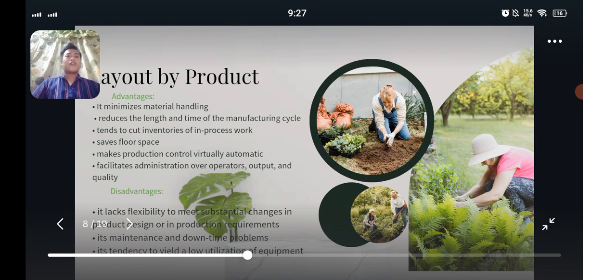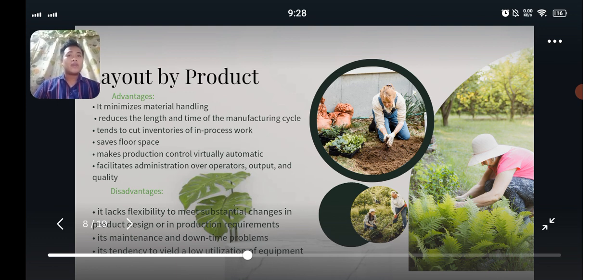So, layout by production. Advantages. It minimizes material handling, reduces the length and time of the manufacturing cycle, tends to cut inventories of in-process work, saves floor space, makes production control virtually automatic, facilitates administration over operators, output, and quality.